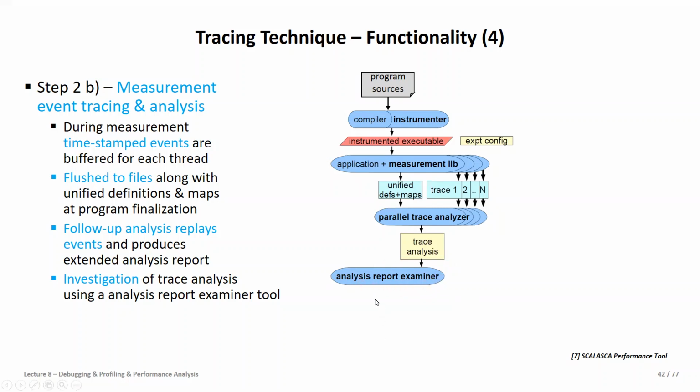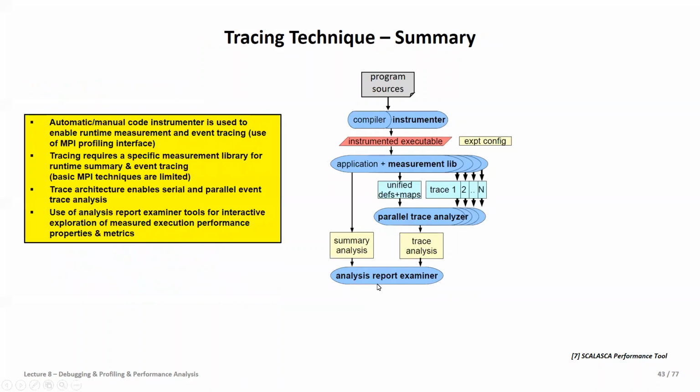So you have two ways of looking at this. When you think about tracing, you have on the one hand this automatic code instrumenter, which is needed to perform runtime measurements and event tracing using MPI profiling interfaces. Tracing requires a specific measurement library because the normal MPI techniques for this are quite limited.